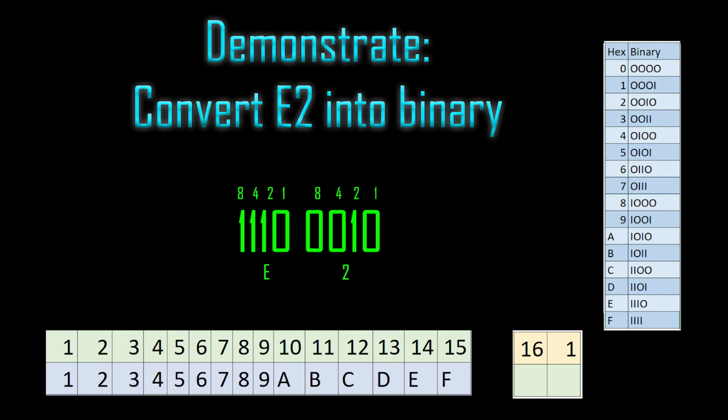E2 in binary is 11100010. As you can see, I've split them into 2 lots of 4. 4 bits is a nibble. And this is so that we can find them on the table. So E is 1110 and 2 is 0010.